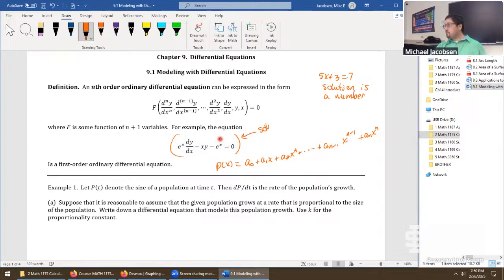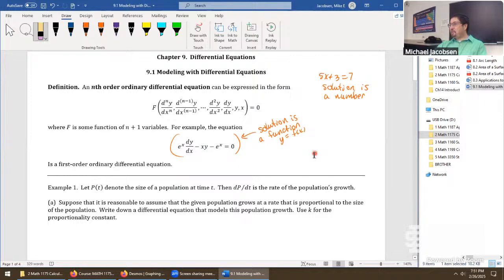And the solution to this is a function y equals f of x. If we can find that function, we have a solution. Oftentimes, in contrast to this, there are infinitely many solutions. And so we're going for a family of functions that will solve this once and for all. So that's what's going on with the initial definition of differential equations. Deleting the polynomial definition just so it's not too much of a distraction. It was just meant to help us see what's going on with that up there.